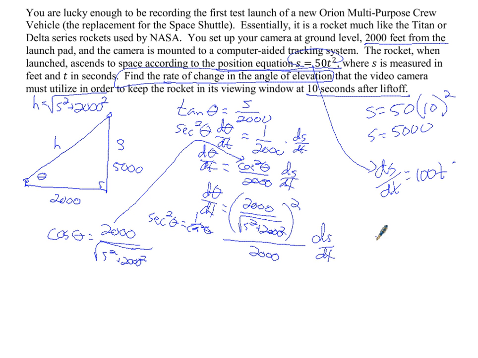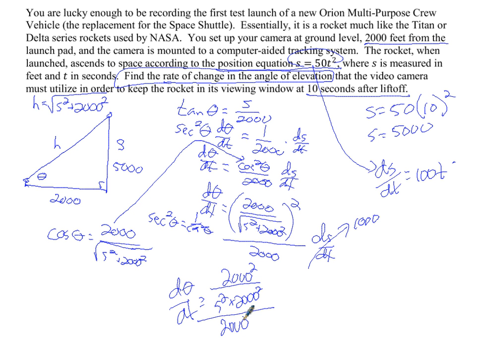So actually I'm substituting in 1,000. And s is 5,000. So if I square, the square root's going away. So let me rewrite this one more time. d theta over dt equals 2,000 squared over s squared plus 2,000 squared, all over 2,000 times 1,000.